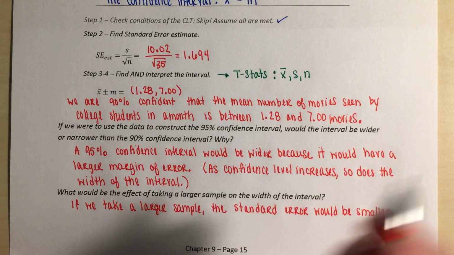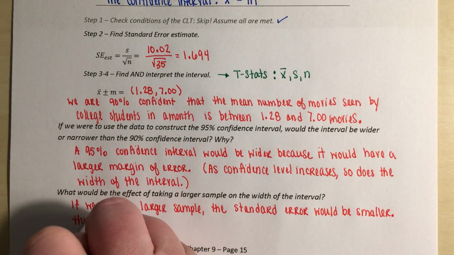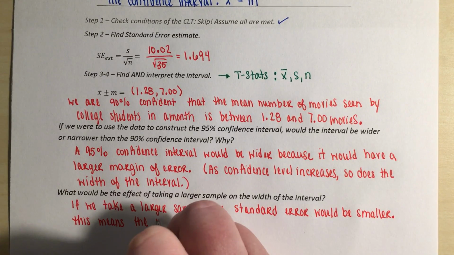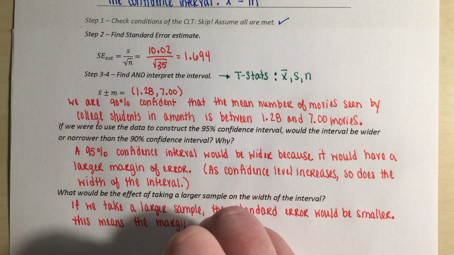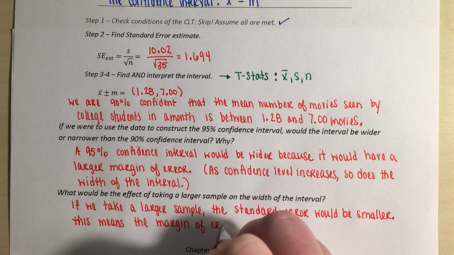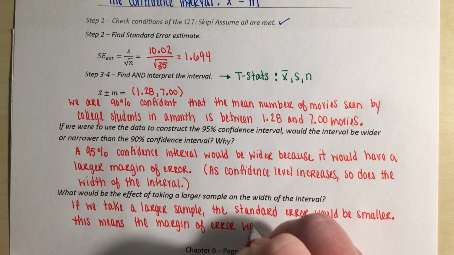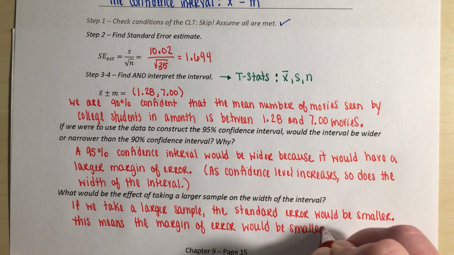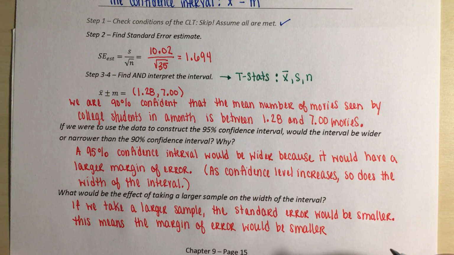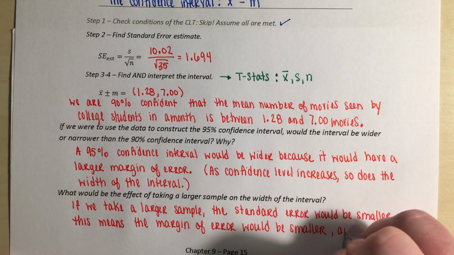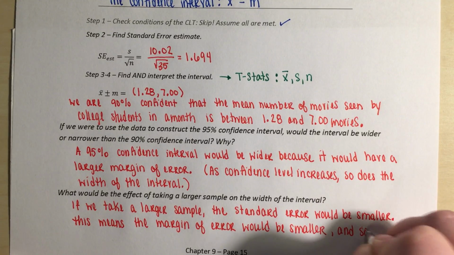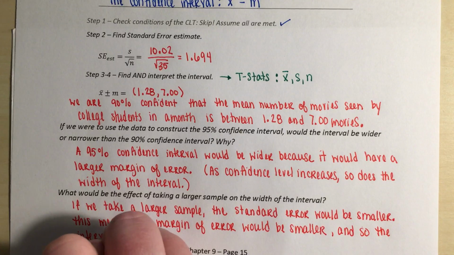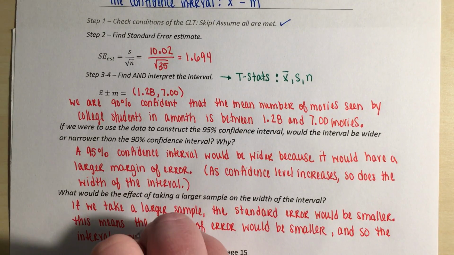This means the margin of error would be smaller, and so the actual interval itself would also be smaller.